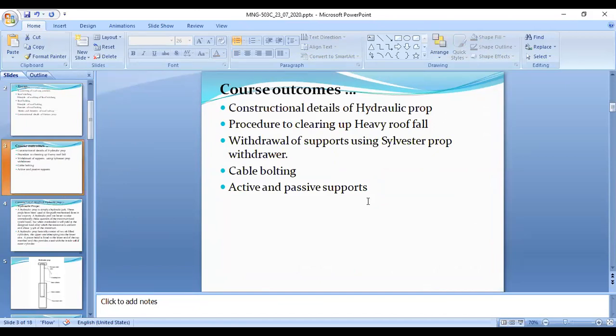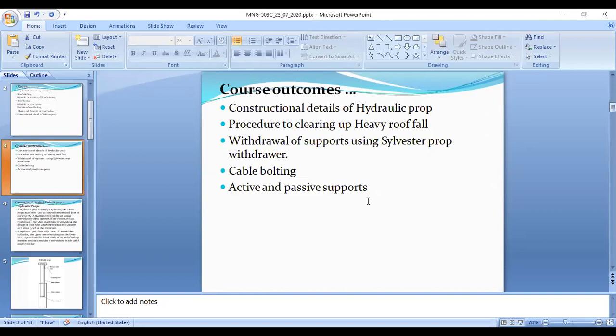See here, active supports are those supports which will carry the load by setting itself. Nothing but, let's say, in the case of a rigid prop, a hydraulic prop, an expansion shell roof bolt, or the slotted wedge type of roof bolt.